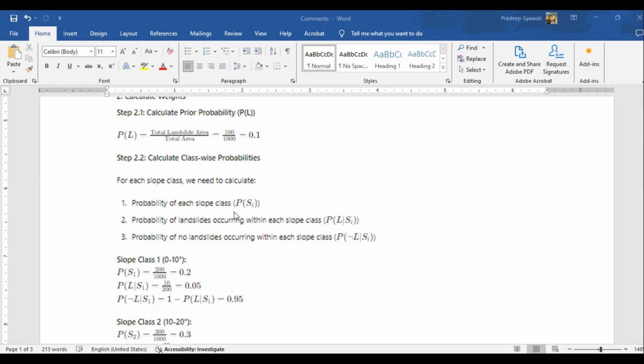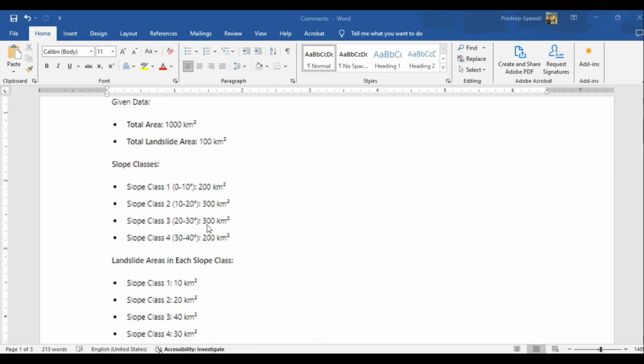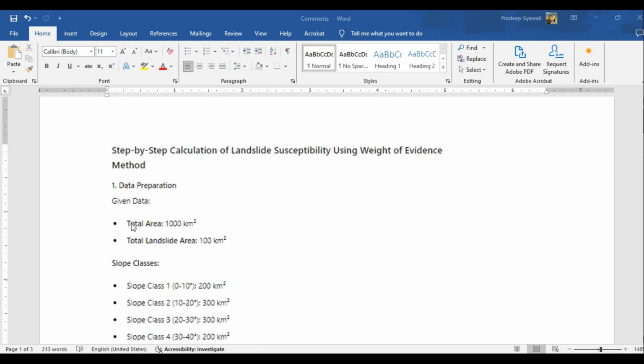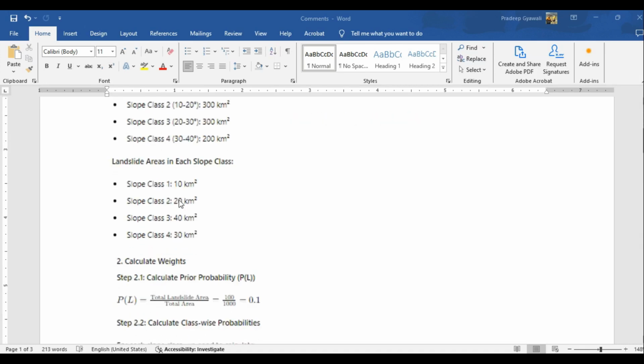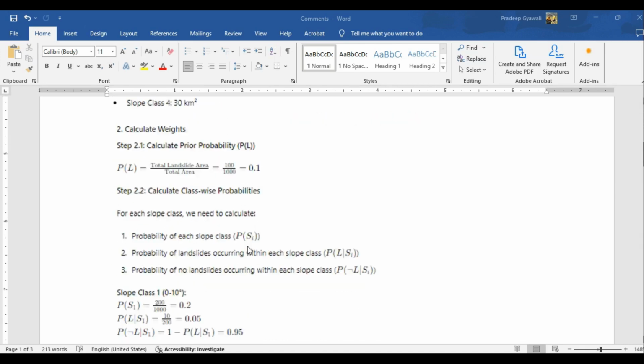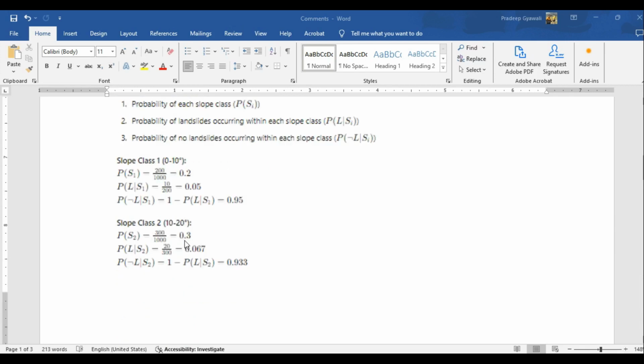That means the total area of class 1 and the total area of the study area. The total area of the study area is 1000 and the total area of class 1 is 200. So 200 divided by 1000 gives the value 0.2.